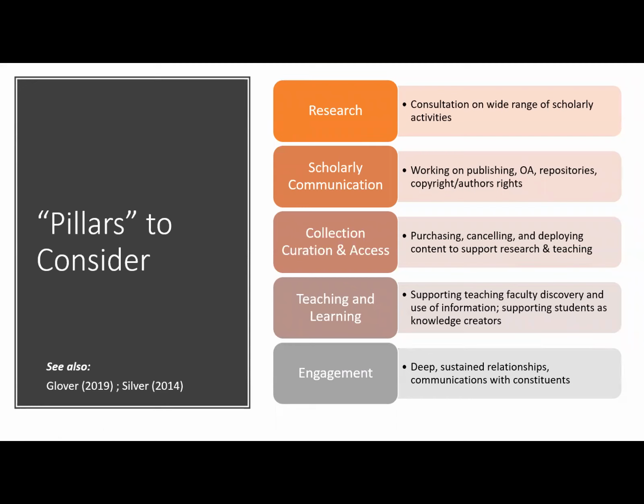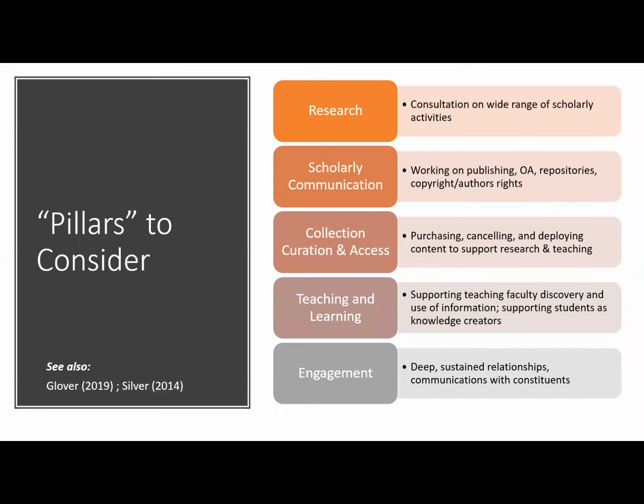Here's another way you can think about the kinds of things you want to assess. There's a notion of pillars of liaison that exists across our discipline. In other words, the various things that liaisons typically do. This set of pillars is from Ohio State University Framework for the Engaged Librarian. It's available online.